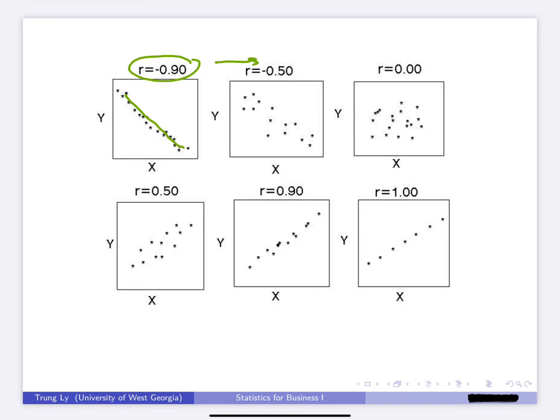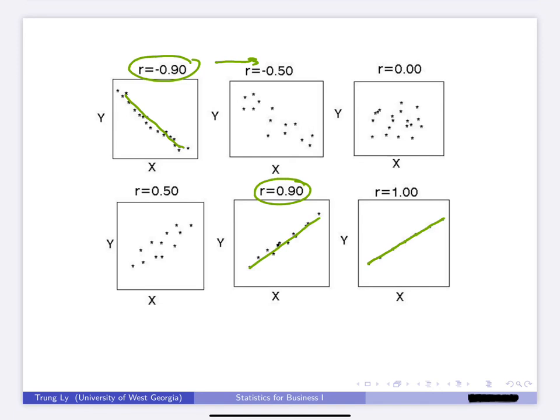When the correlation coefficient is 0.9, then there's a strong positive linear relationship, and when the correlation coefficient is 1, then all the points form a straight line. They all lie on a straight line in the xy coordinate. I hope that this picture shows you the interpretation of the correlation coefficient.